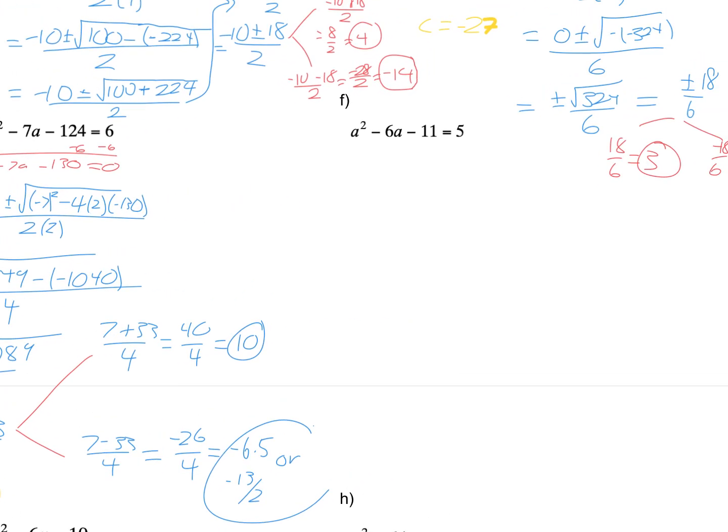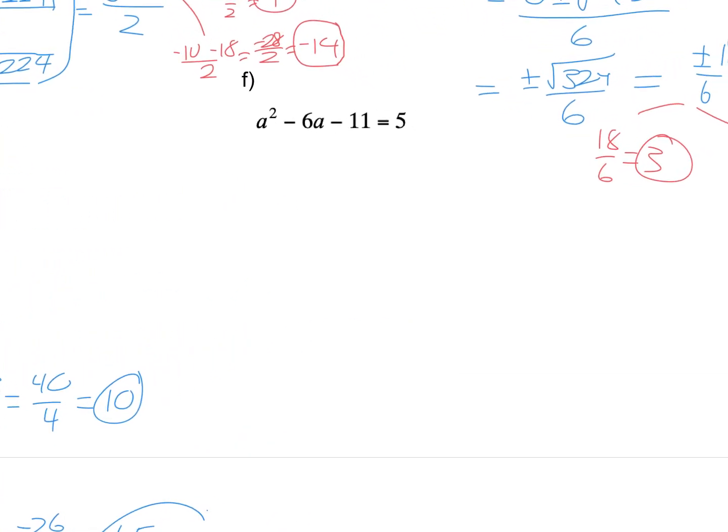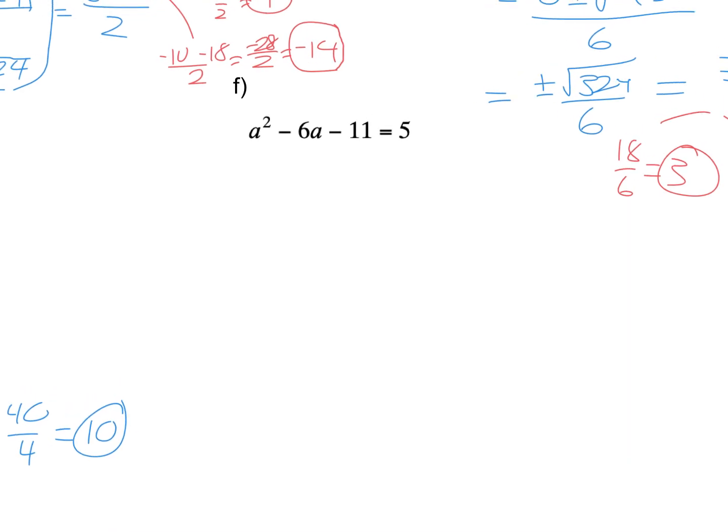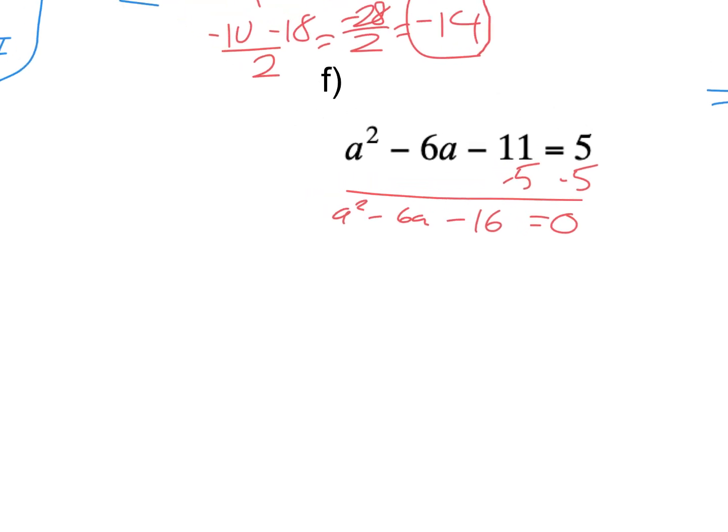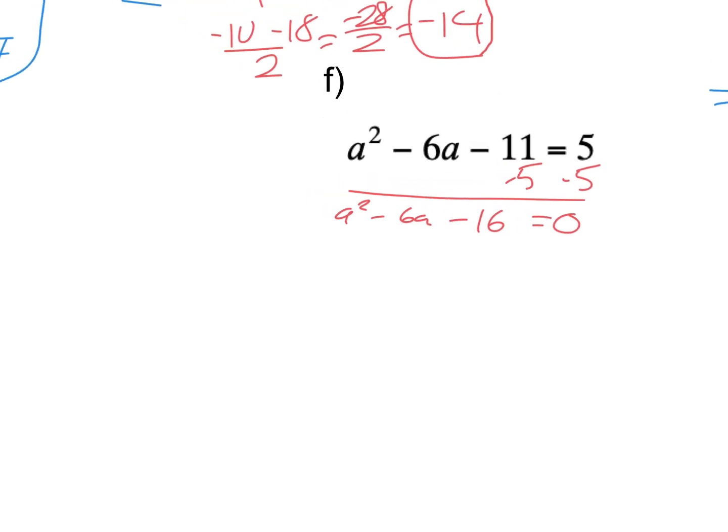All right, let's go to problem F. Once again, we need to get 0 on the right side of the equation, so I will start by subtracting 5 from both sides, and I will get a squared minus 6a minus 16 equals 0. Looking at values, I can do a equals 1, b equals -6, and c equals -16.